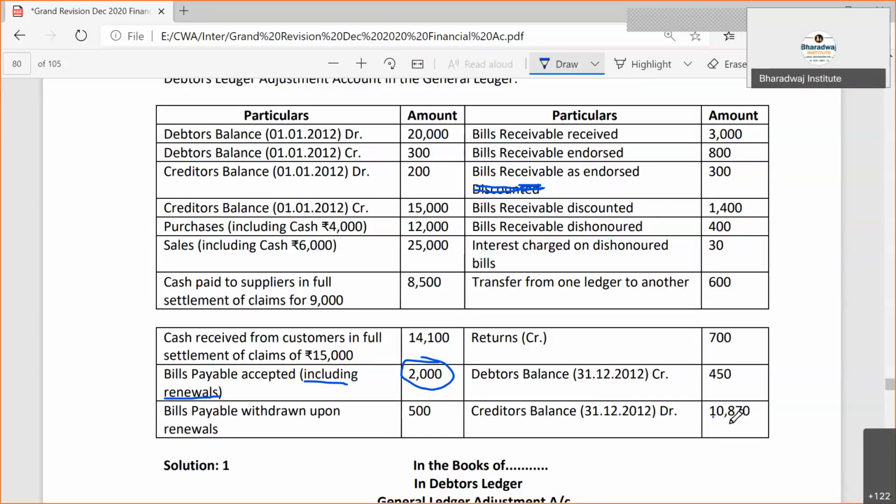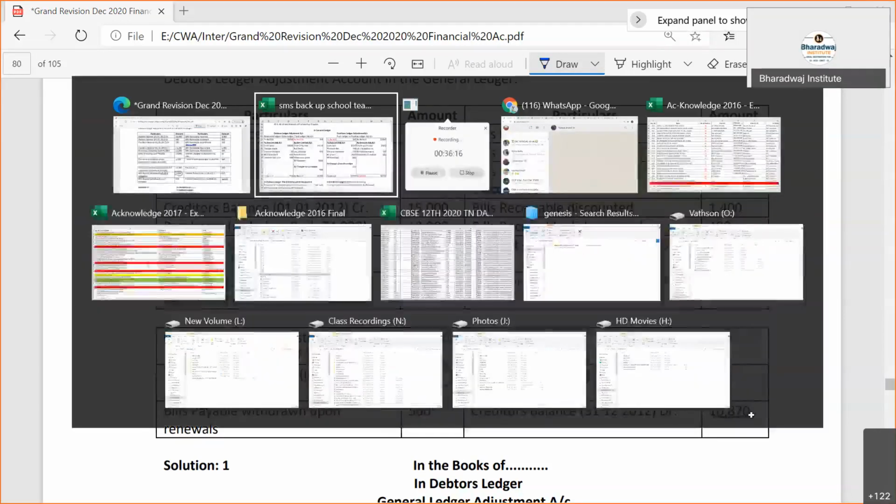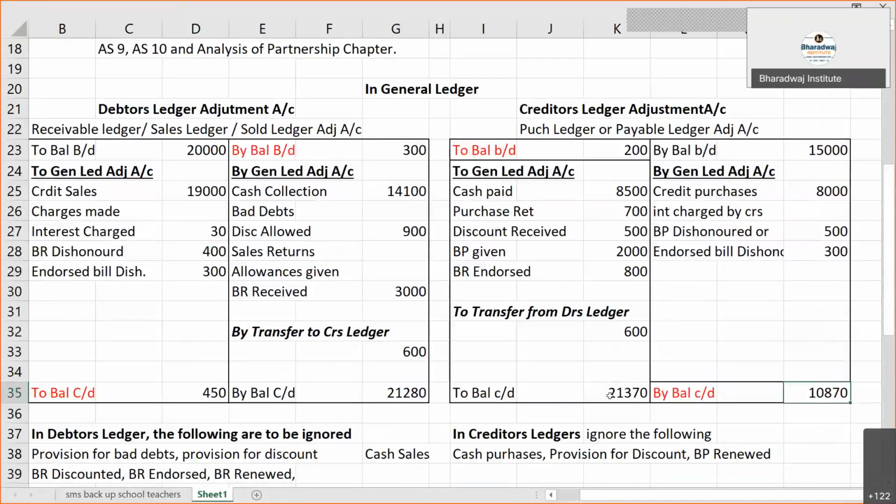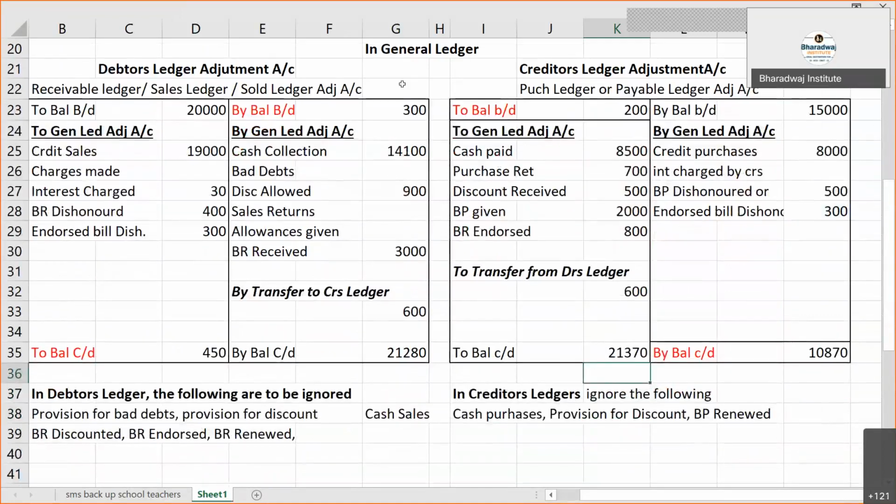Closing balance, debit balance is given as 10,870. If you tally this, you get the closing balance as 21,370. This is what we prepared in the general ledger. Now, if they ask in the reverse, we can just do the opposites.